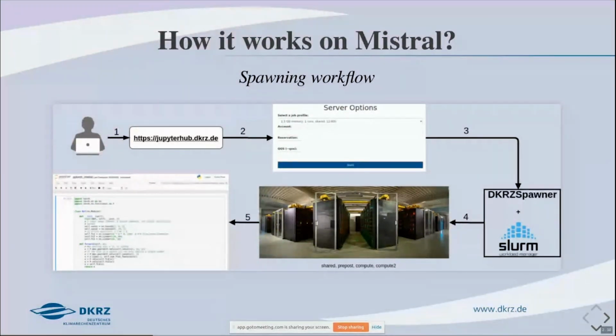It will use the Slurm workload manager to find the available resources and allocate them, for example CPUs, memory, and time. After that, it will start the notebook on one of our available partitions: shared, pre-post, or compute. And then it sends the notebook back to your browser. So this is how it works behind the scenes.